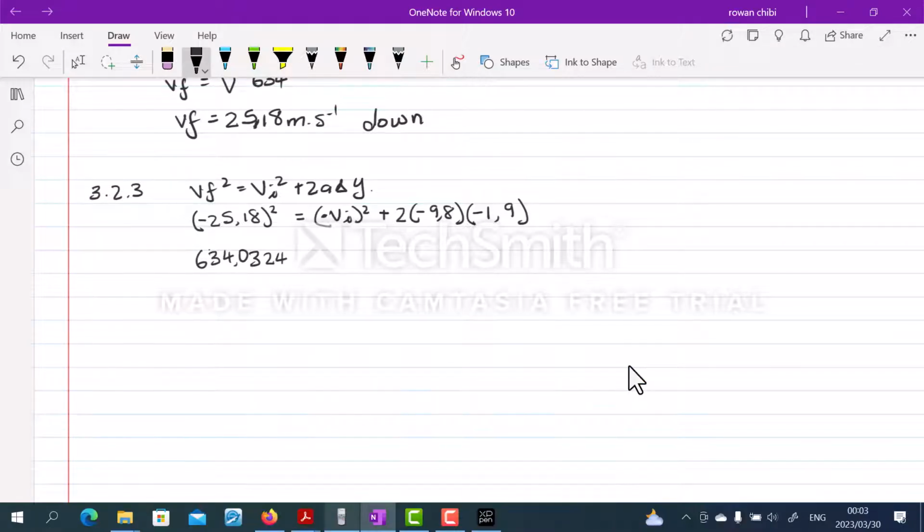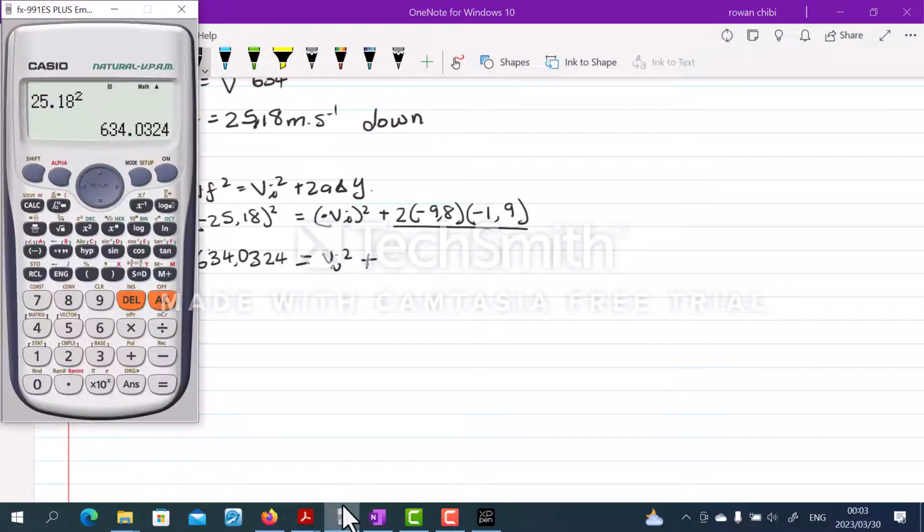We don't round, we only round at the last answer. A negative squared is going to be positive. Then we have a negative times a negative, the answer is going to be positive. So let's multiply 2 times 9,8 times 1,9.